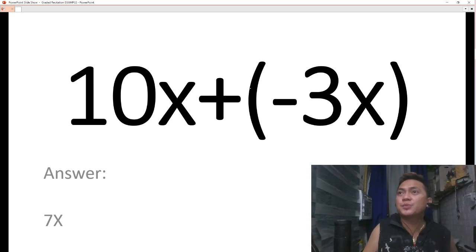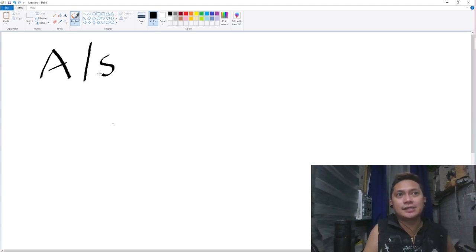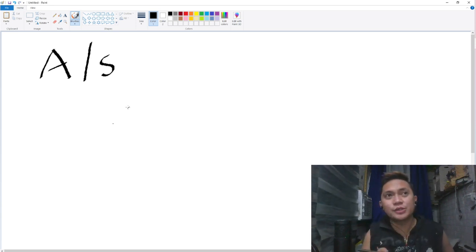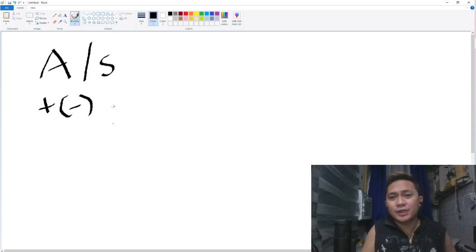Okay, so let's proceed to our paint. Ayan. So in addition or subtraction, okay, lagyan na lang natin ng A at saka S. Addition or subtraction, meaning it is included for our addition operation or subtraction. So kapag si positive at negative nagtabi, ang operation na gagamitin natin ay minus.